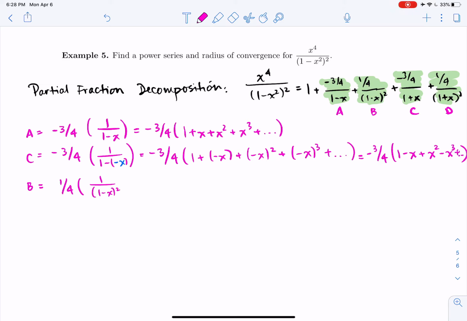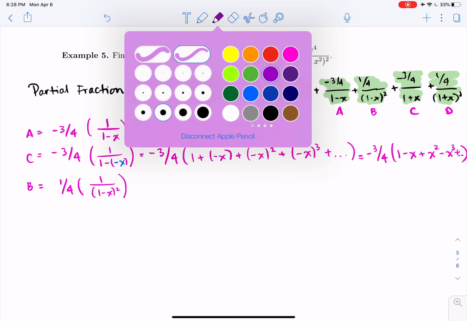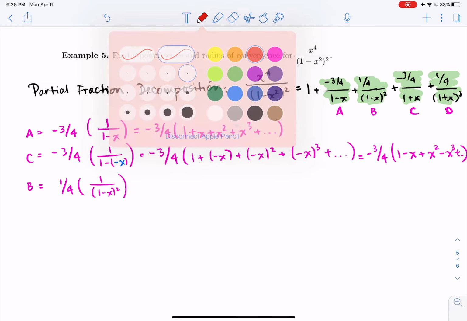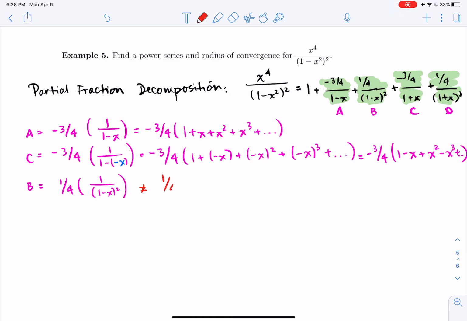And I just want to point out that this cannot be rewritten to look like 1/4 times 1 over 1 minus something, okay? Because when you FOIL this out, you get 1 minus 2x plus x squared. So there's no way for you to actually rewrite this in some sort of composition involving the 1 over 1 minus x that we have been using.